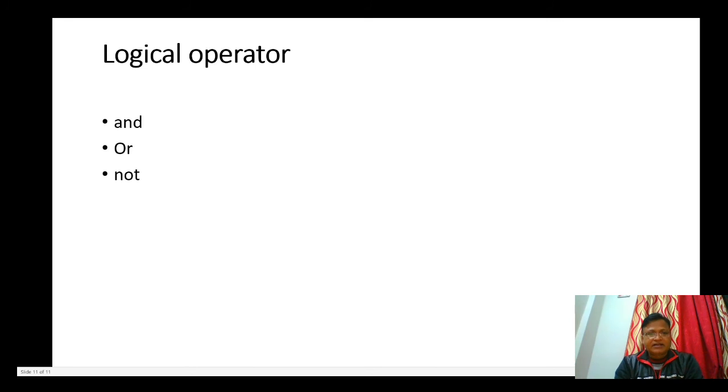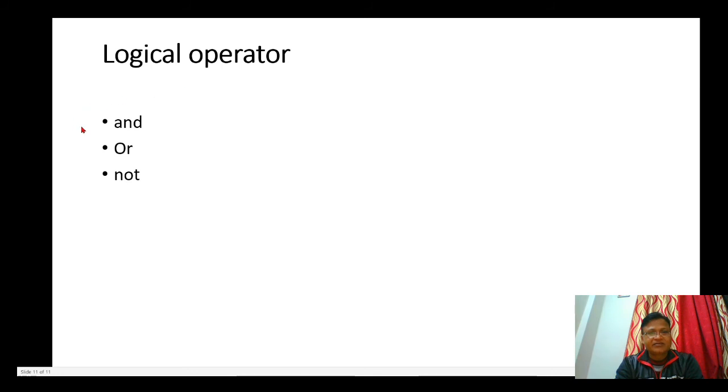And the last or the third type of operators which we will use in Python are logical operators. Whenever we have two conditions, and I want to check whether both the conditions exist or any one condition exists, whenever we need to check such things, we will use logical operators.